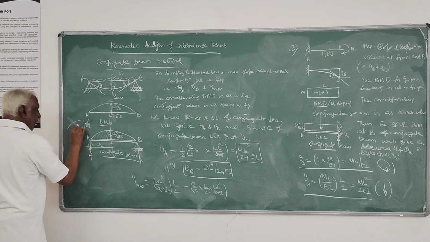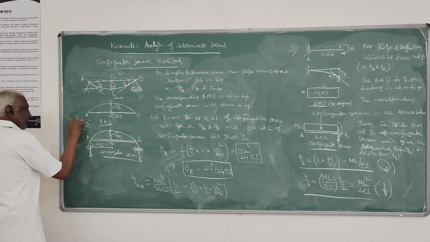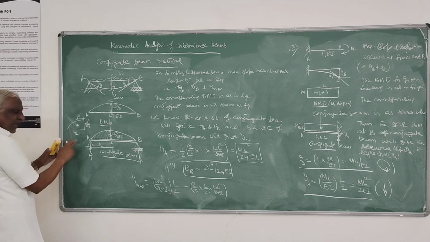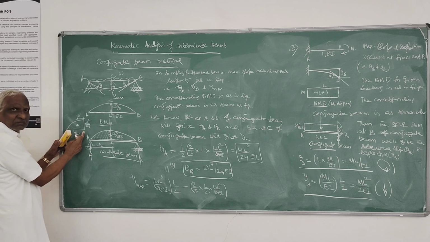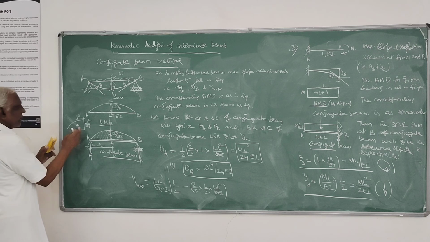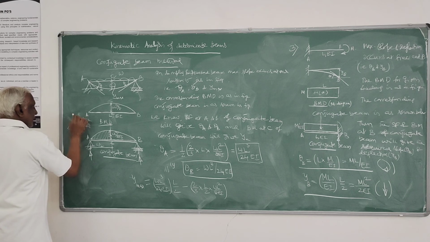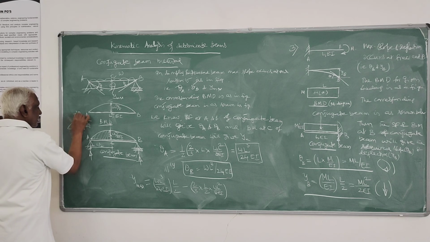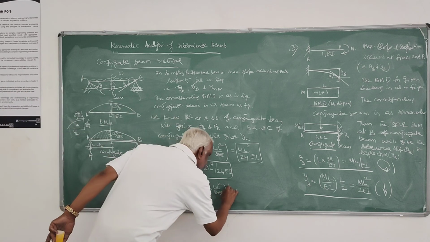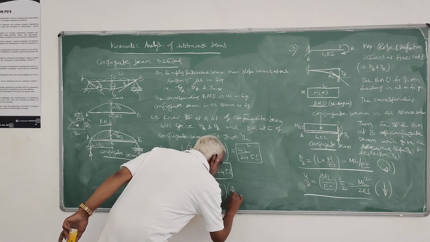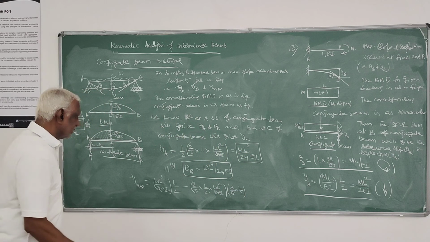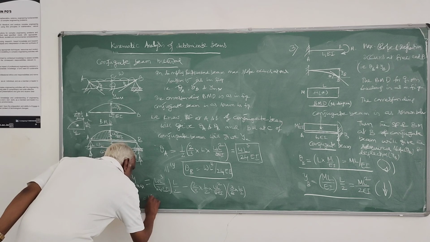That will be acting here, at a distance which is nothing but 3 by 8 into L by 2. Here L is L by 2, that you have to be careful. This is 3/8 of L by 2. So into 3/8 of L by 2.